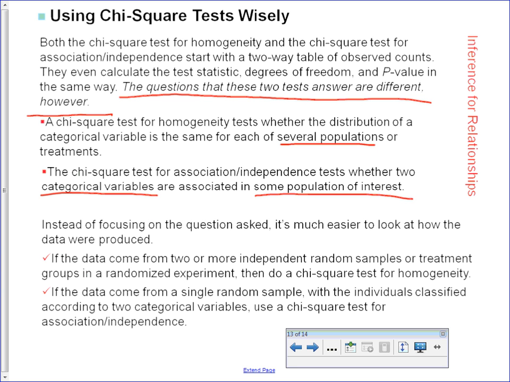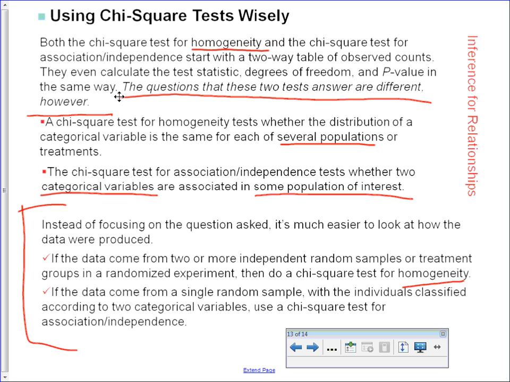The easiest way to tell which test you want to use is to look at how the data was collected. You're going to have to read the problem because it's not going to be apparent in the two-way table. If they take the sample at multiple different places or times, then that's really multiple samples, and if it's multiple samples, it'll be the chi-square test for homogeneity.